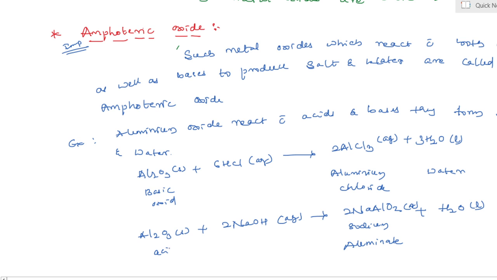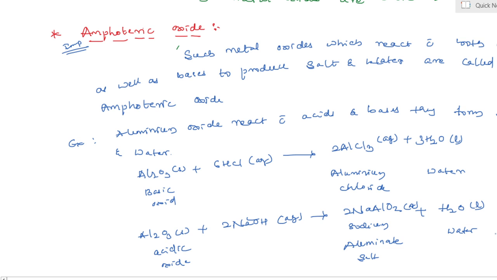Acidic oxide, reacting with sodium hydroxide. The aqueous solution of sodium hydroxide gives NaAlO2, sodium aluminate, a salt, and water.